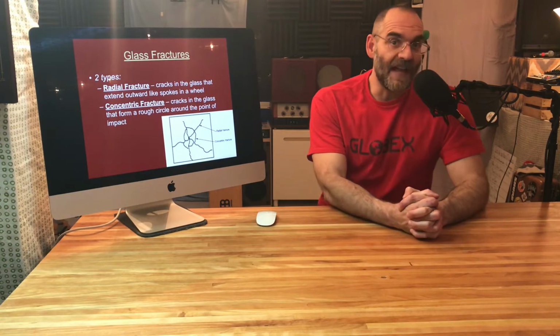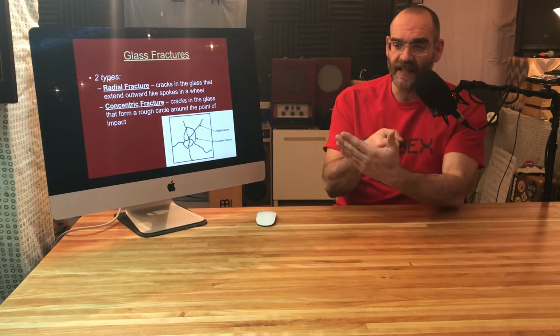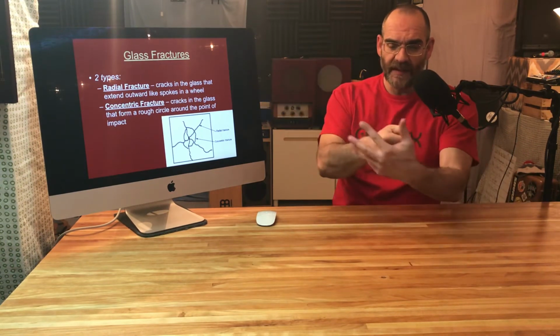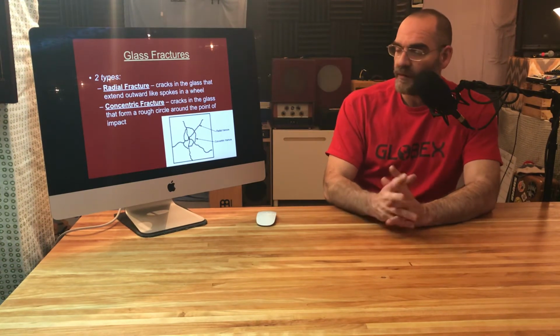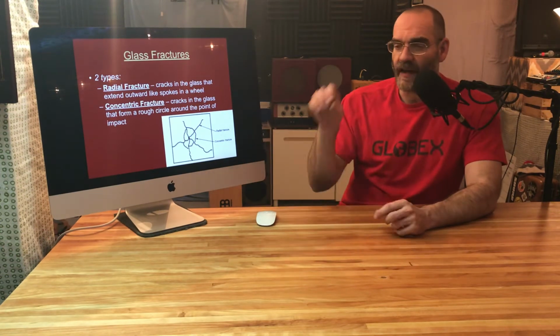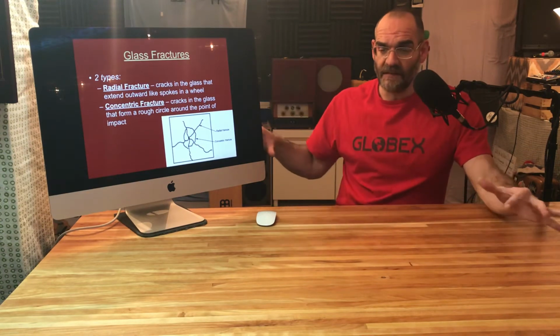We looked at glass fractures, how they're formed, right? They are force hitting something and it travels out in waves, but also it is putting pressure on the object that it is hitting, so it makes two different types of fractures. The concentric fractures are kind of like when a rock hits a pond and it causes those waves.